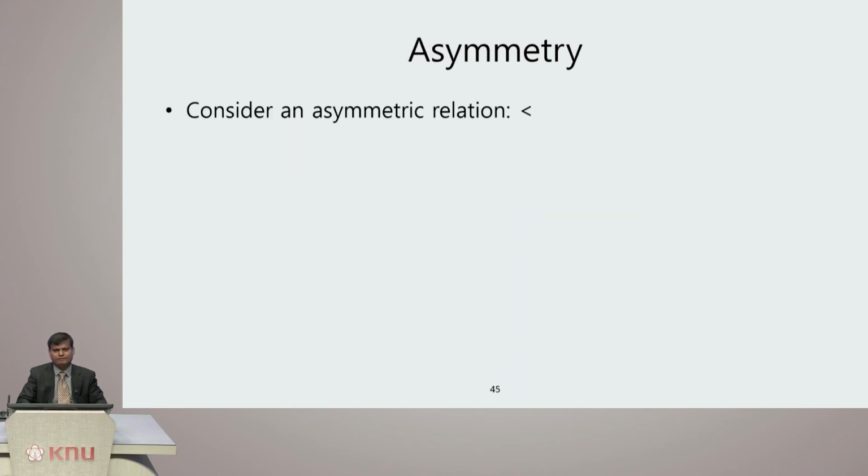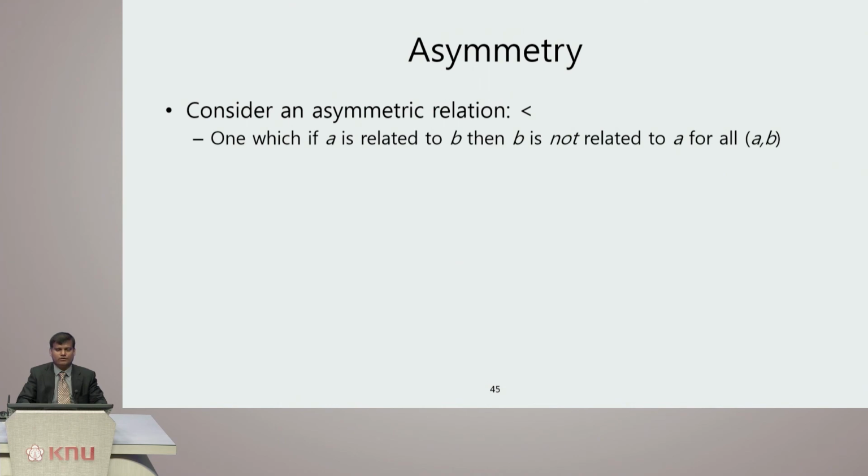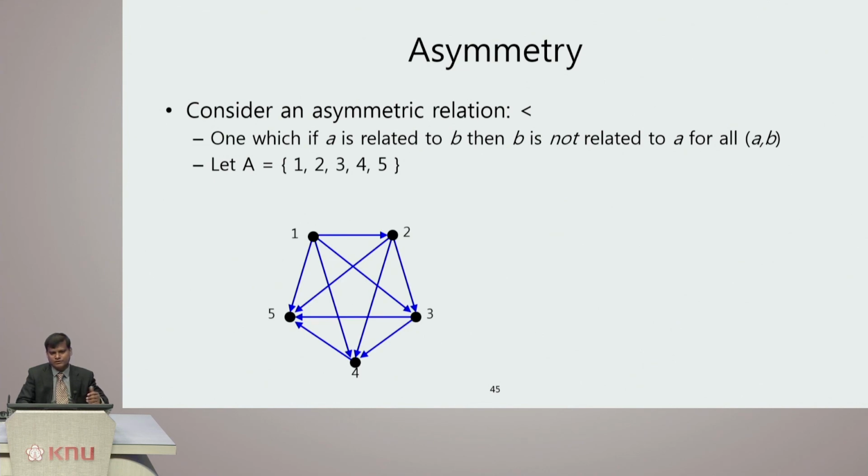Asymmetric, whose symbol is just less than. If A is related to B and B is not related to A for all A and B. So we can see that's kind of the opposite. This is an example where 1 is related to 2, but 2 is not related to 1.